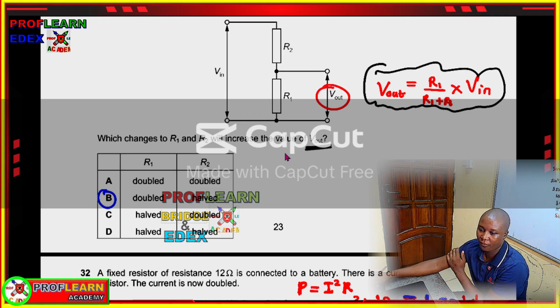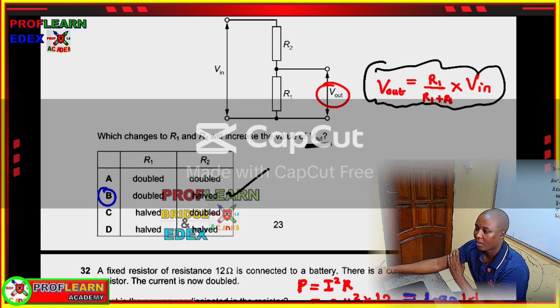So doubling R1 and halving R2 will give us the correct value, because if you are increasing this, the numerator is increased. Yes, this resistance is increased, and this one is reduced. You are going to have a larger value.